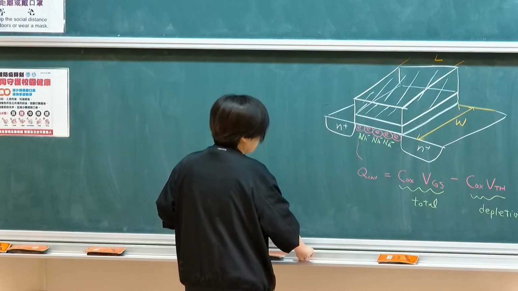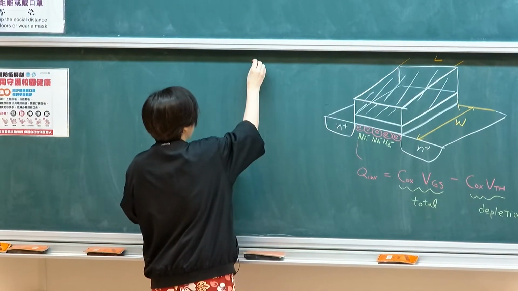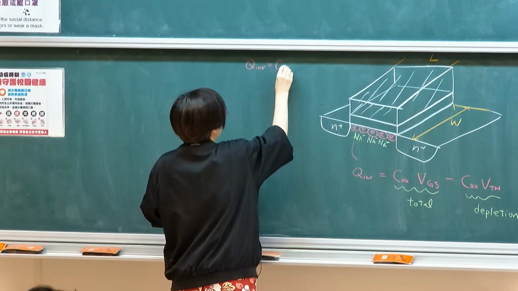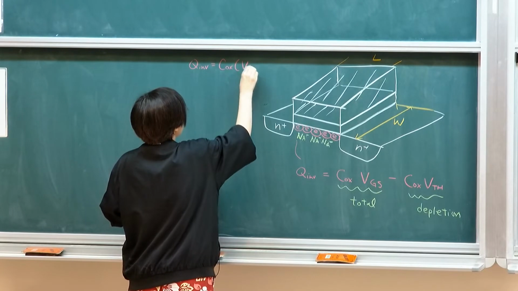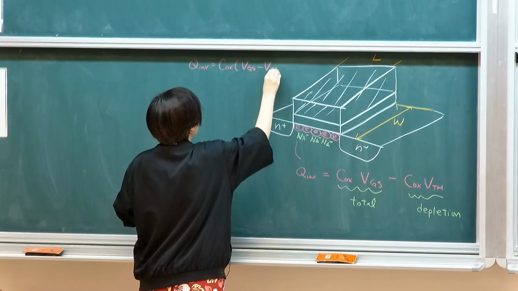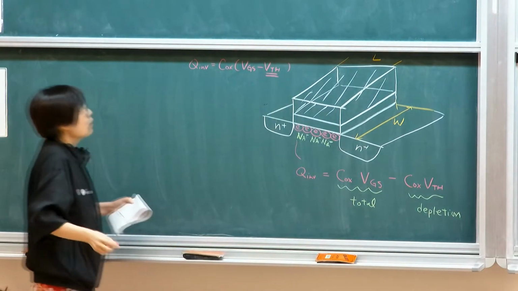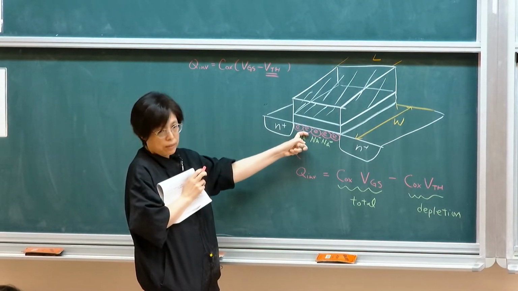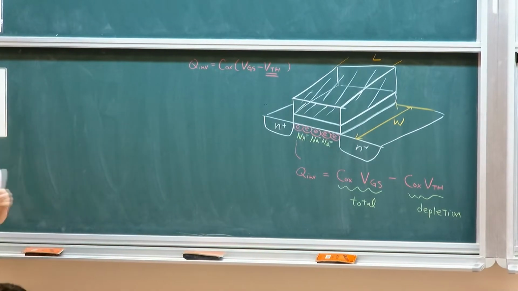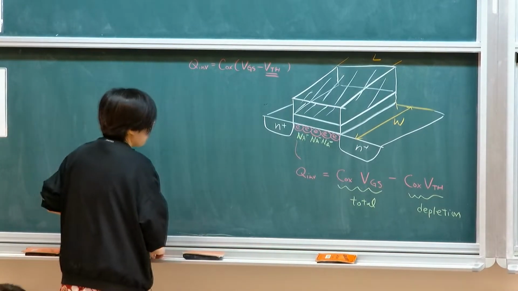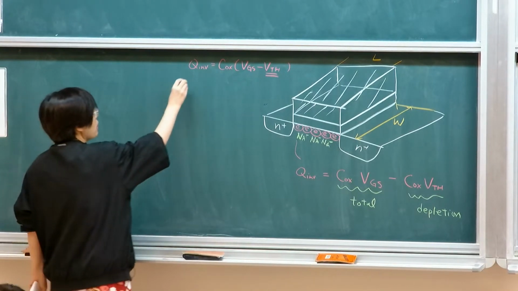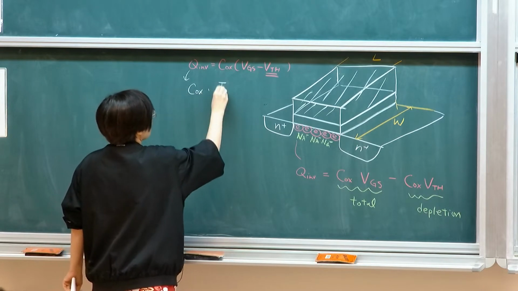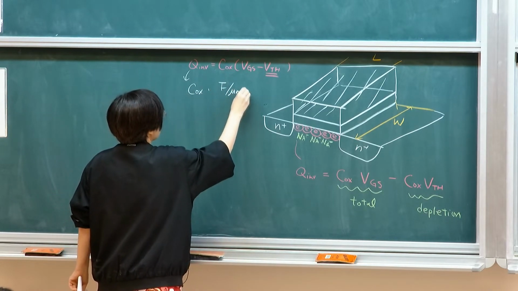So we can actually highlight the amount of inversion charge, Q inversion, should be Cox times VGS minus VT. Only when it passes threshold, it will then be able to induce additional charge, which is free. This additional charge is free, so you have to subtract this threshold. Okay, this is Cox, in the unit of per micron squared, unit area capacitance.